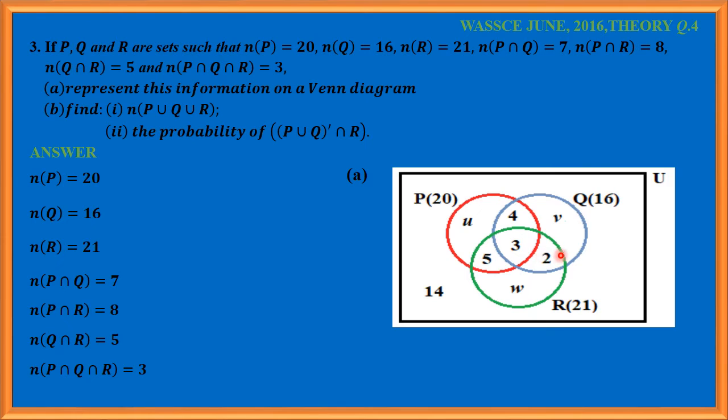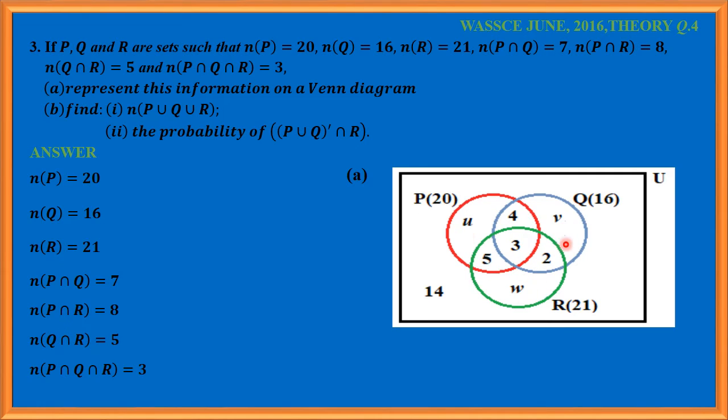So these are the elements or the information we can extract from this particular question. Now, since we don't know P only, Q only, and R only, we represent them by variables.